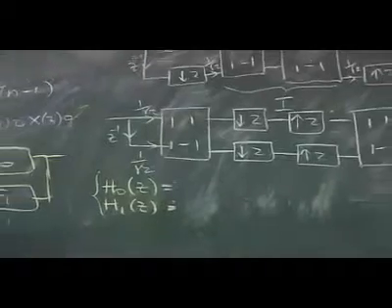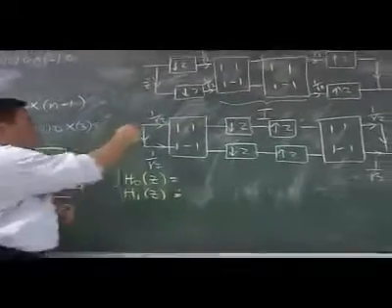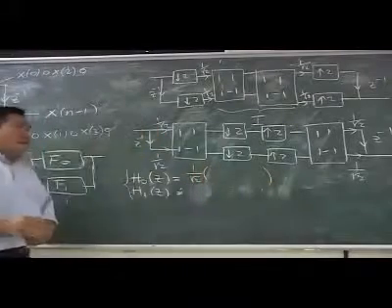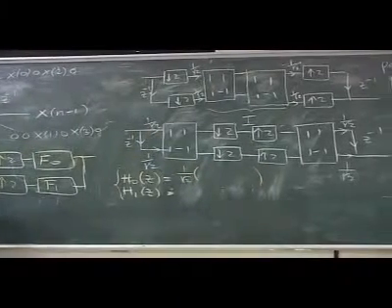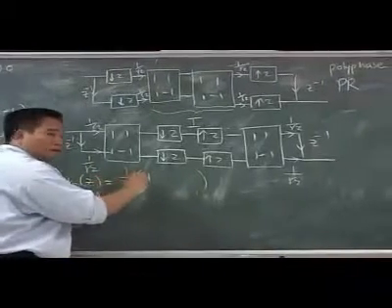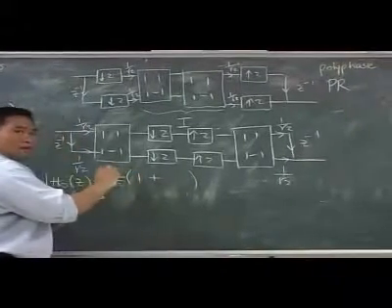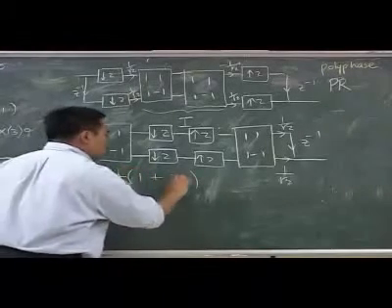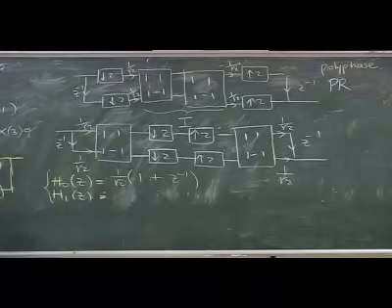What is it? What is that transfer function? 1 over square root of 2 and what? 1 plus e power c. How do I see that?